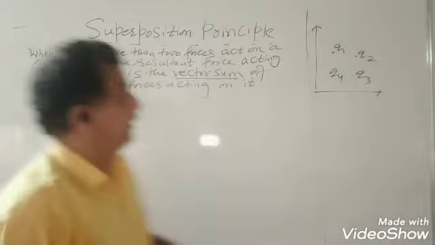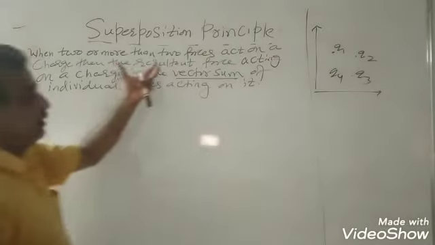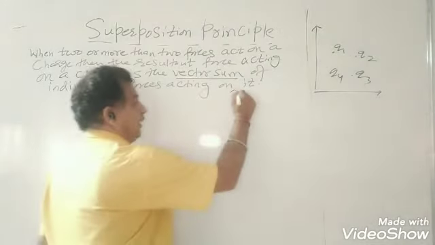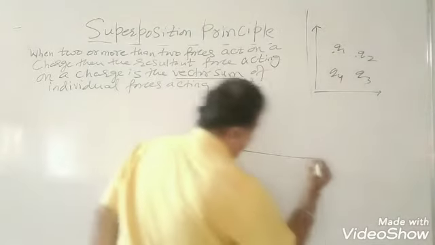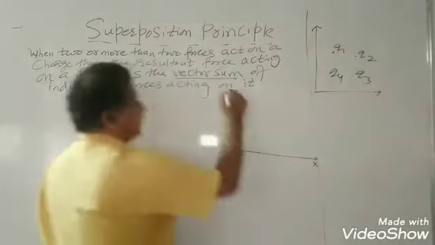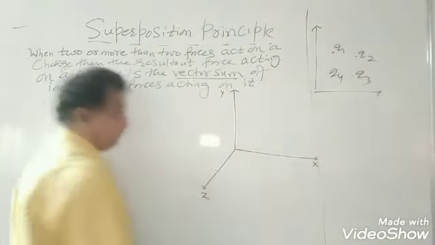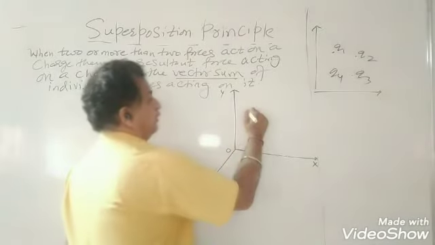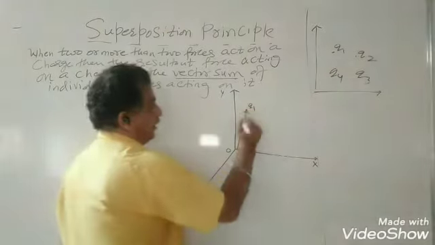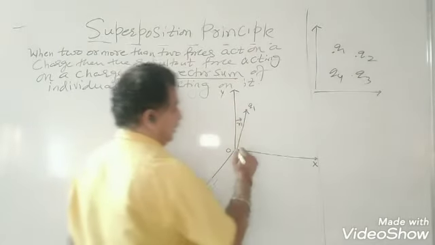Now let us see how this principle can be applied to a system of charges. So we take a system of charges. There are n charges in a system. Let us define a Cartesian coordinate system. Suppose this is Q1. As explained earlier, its position vector is R1.